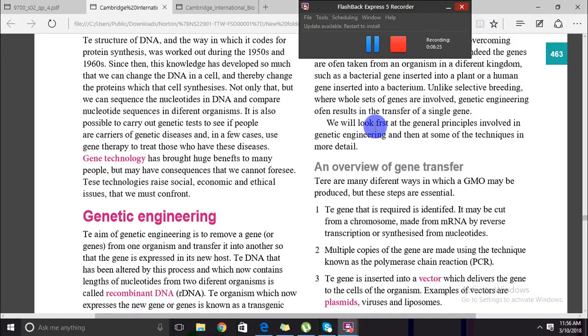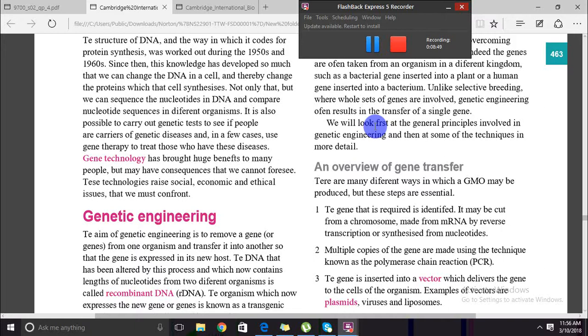isolated from the genome of a normal person, right? And after isolation and removal, this gene is somehow transferred into the genome of a bacteria, and the bacteria is now cultured in large amounts.